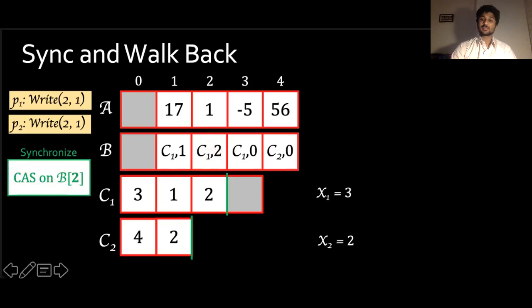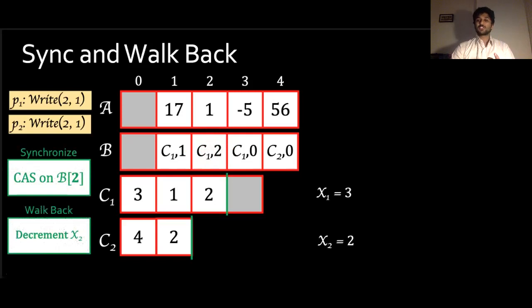So it CASes and fails. Therefore, P2 can now walk back by decrementing x2. This walked back certificate can be reused at a later time when P2 needs to certify some other location. Since locations are now only certified by a single process, we get the desired time and space complexities, right?